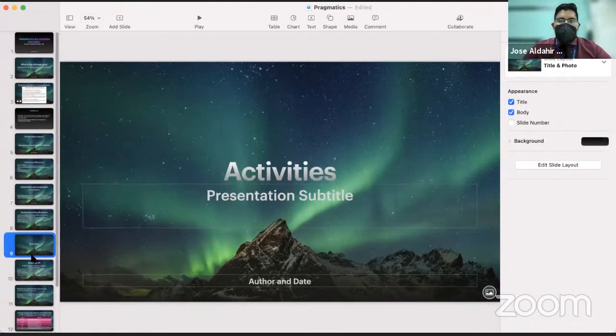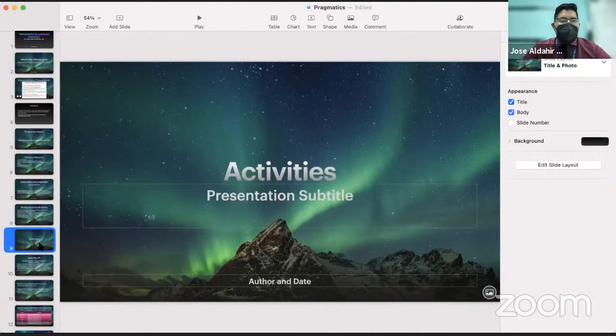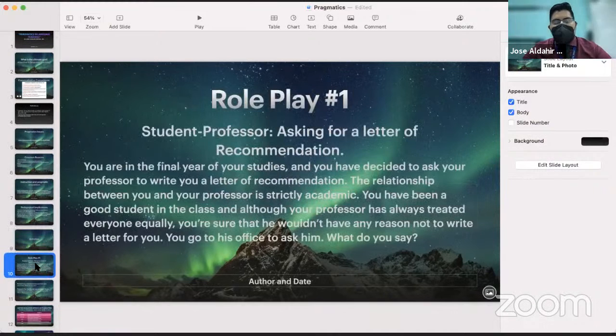I also brought a couple of activities that will be helpful in our current teaching. For example, this is a role play between the student and professor. The goal here is asking for a letter of recommendation. So we have to set up the environment.